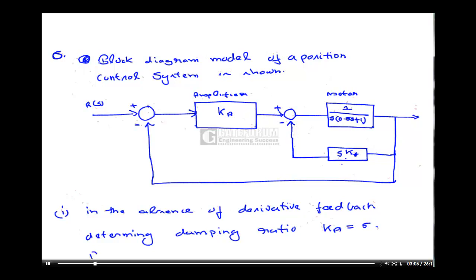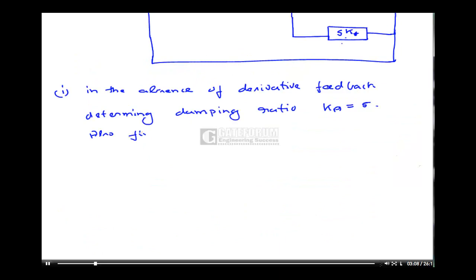Then also find the steady state error for a unit ramp input.